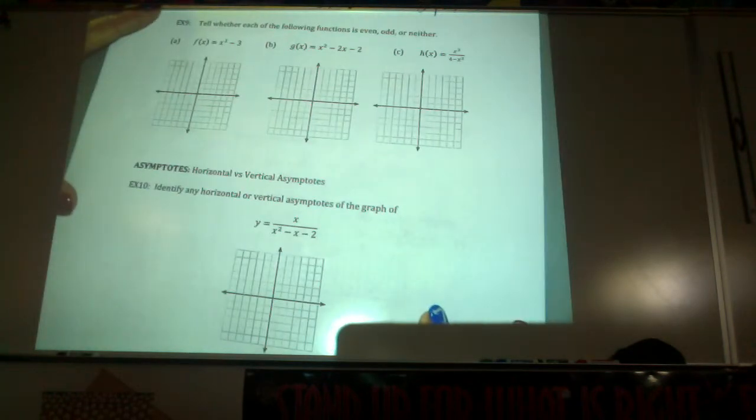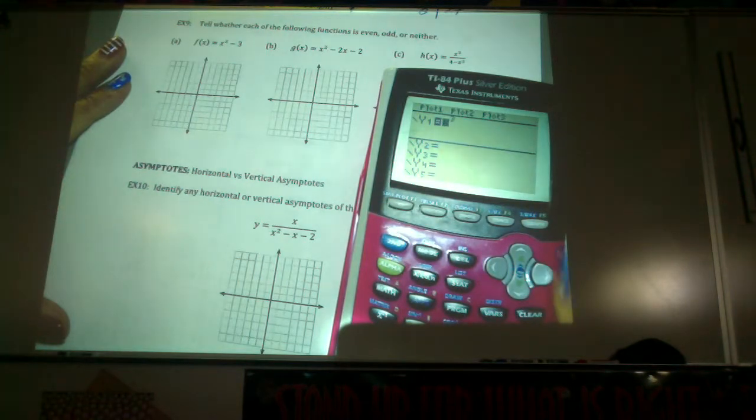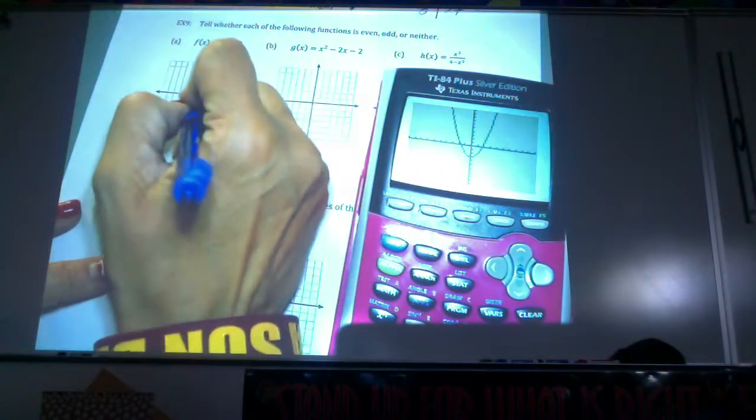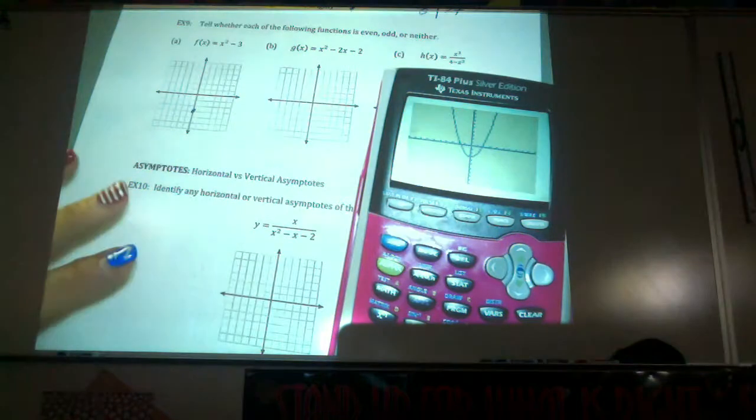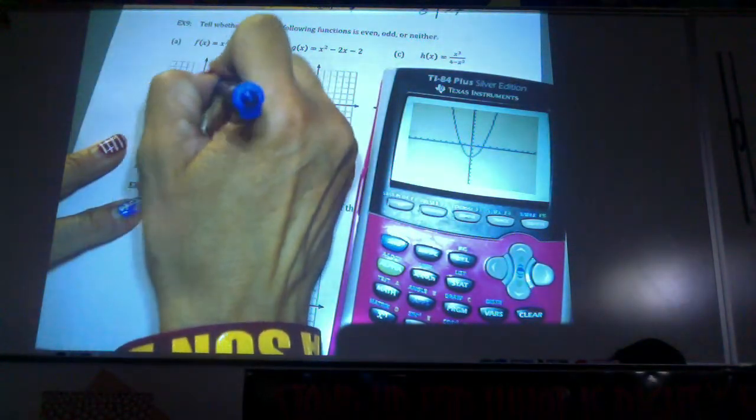Let's graph x squared minus 3. So this is a parabola whose vertex is at -3. And for time purposes, we're just going to sketch it. We're not going to look for the zeros right now, but you would normally.